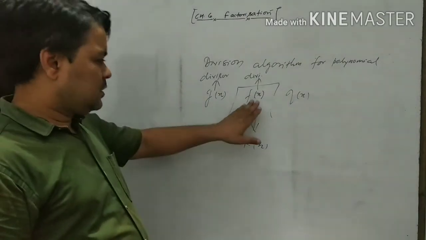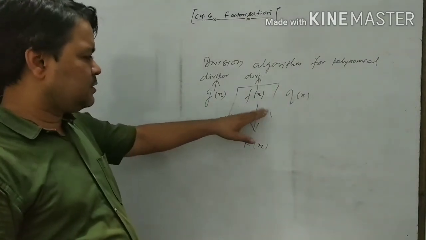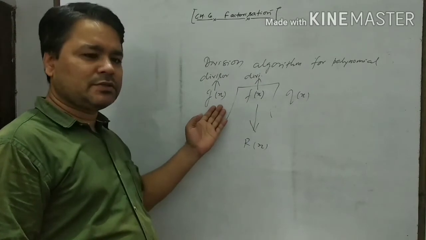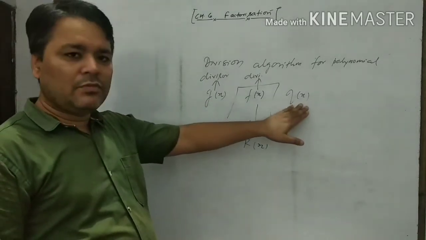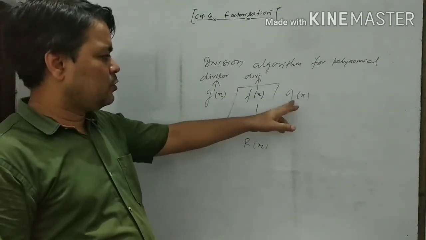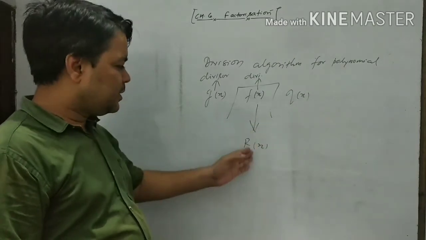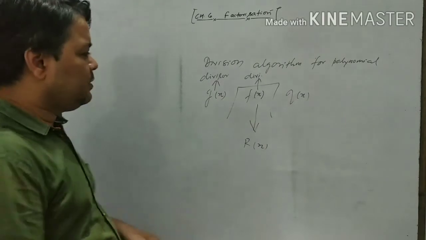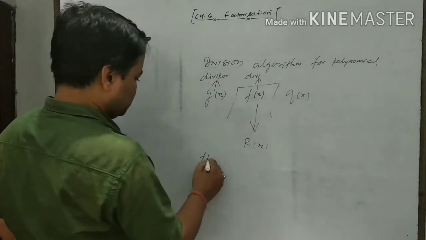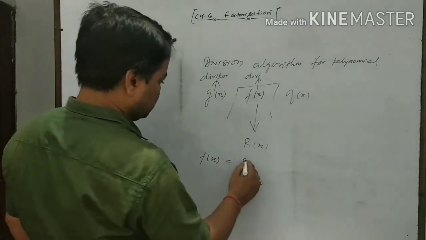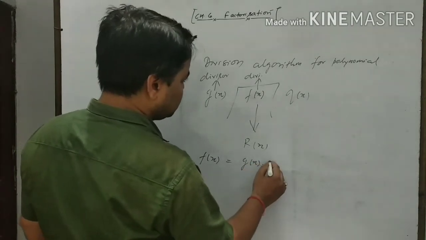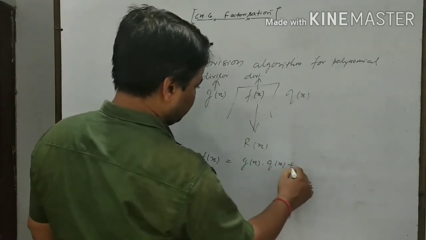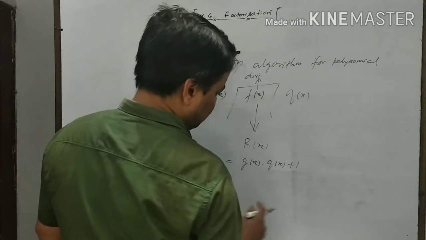This polynomial f(x) is divided by another polynomial g(x). In quotient we find another polynomial, that is q(x), and in remainder we also find another polynomial, that is r(x). Then the relation between these is this way: f(x) is equal to g(x) into q(x) plus r(x).